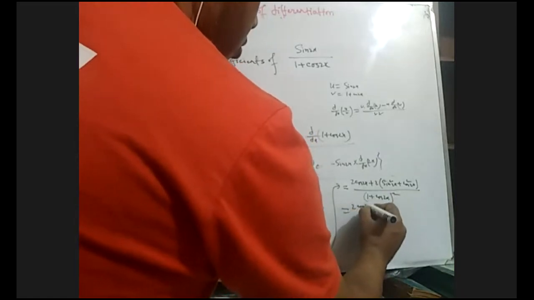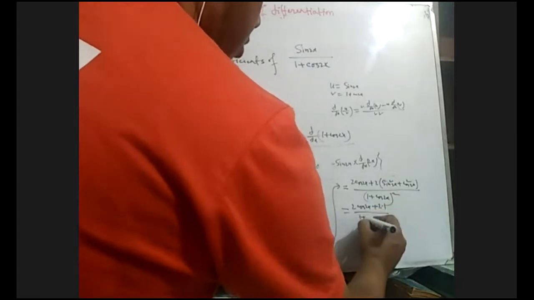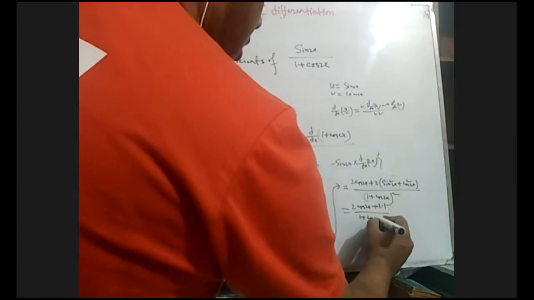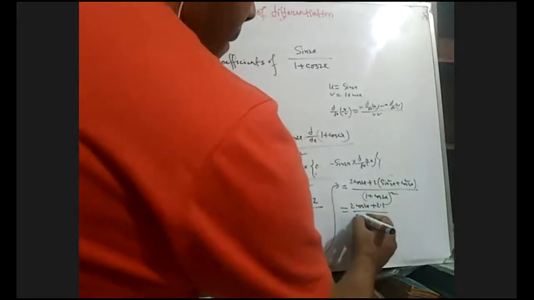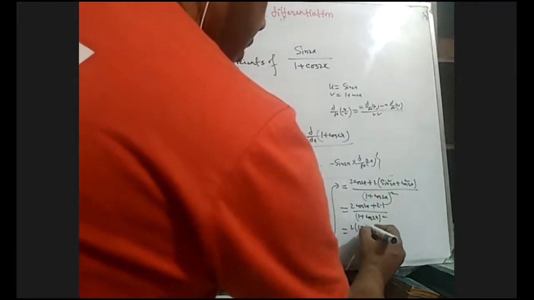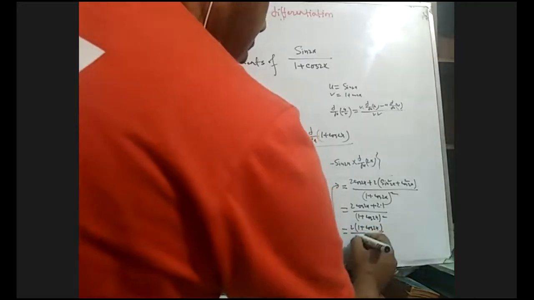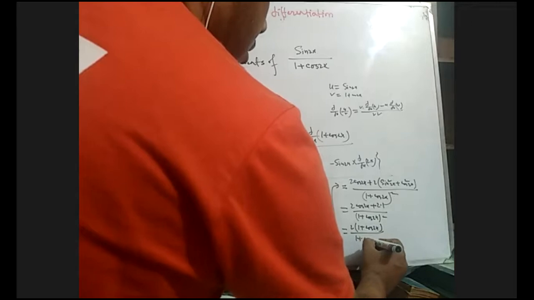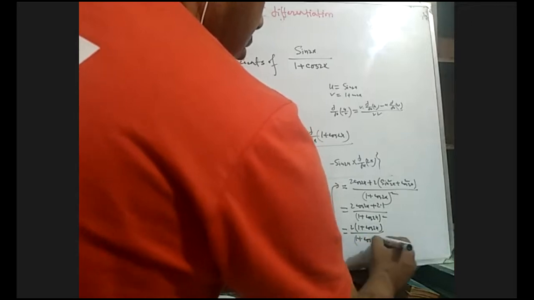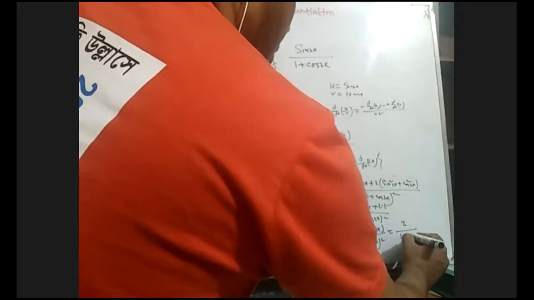So 2 cos 2x plus 2 into 1, because sin square x plus cos square x equals 1. 2 common, 1 plus cos 2x, divided by (1 plus cos 2x) whole square. So 2 divided by 1 plus cos 2x. This is the result.